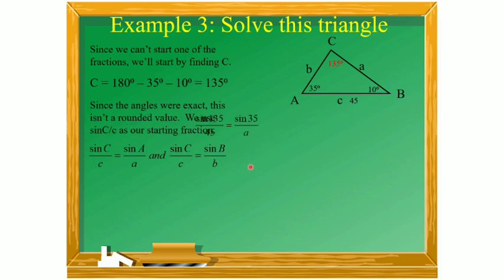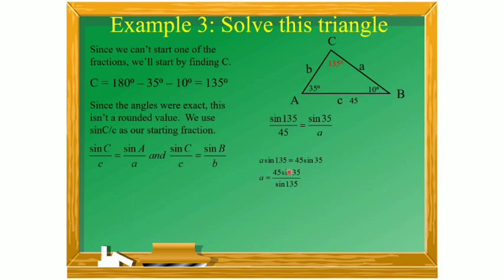Substitute the values, we will get sine 135 over 45 is equal to sine 35 over A. Next, cross multiplication. We will get A times sine 135 is equal to 45 times sine 35.